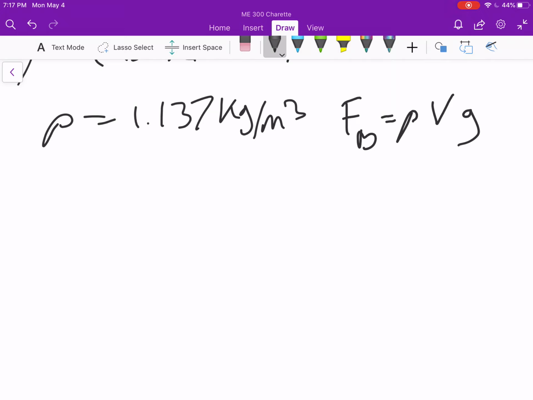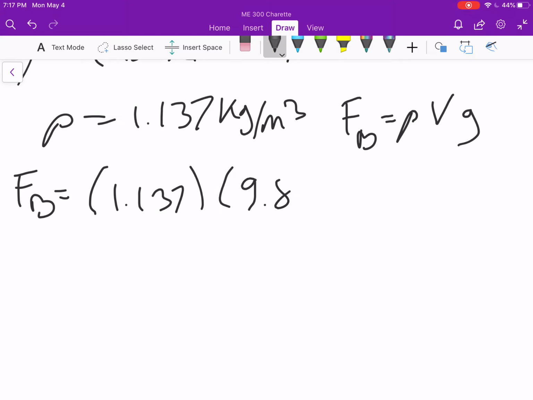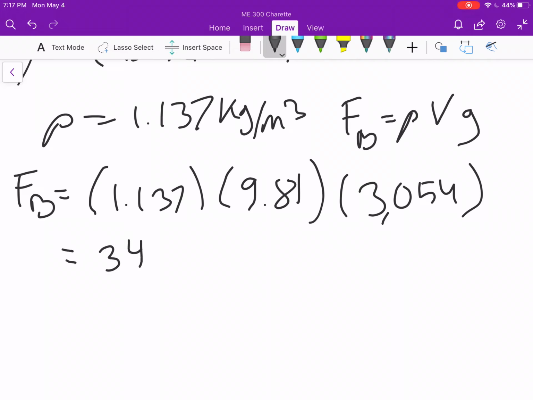Now, you know that our buoyancy force is going to equal our density, which is 1.137, times our gravitational constant, which is 9.8 meters per second squared, times our volume V, which is 3,054 cubic meters. Calculate that together, it's going to be 34,029 newtons for our buoyancy force.